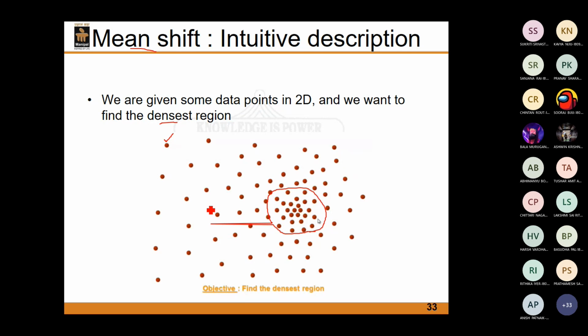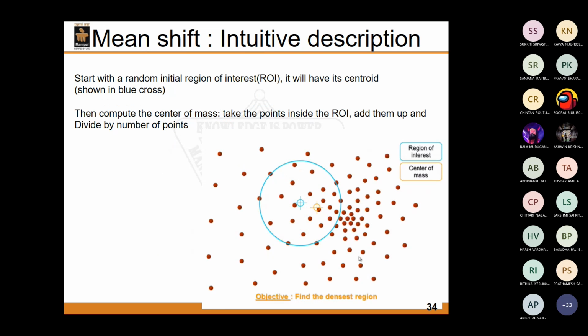So what we are trying to do here is find the densest region. For that, how do we go about this? First, we randomly select an initial region of interest. This region of interest could be anywhere.